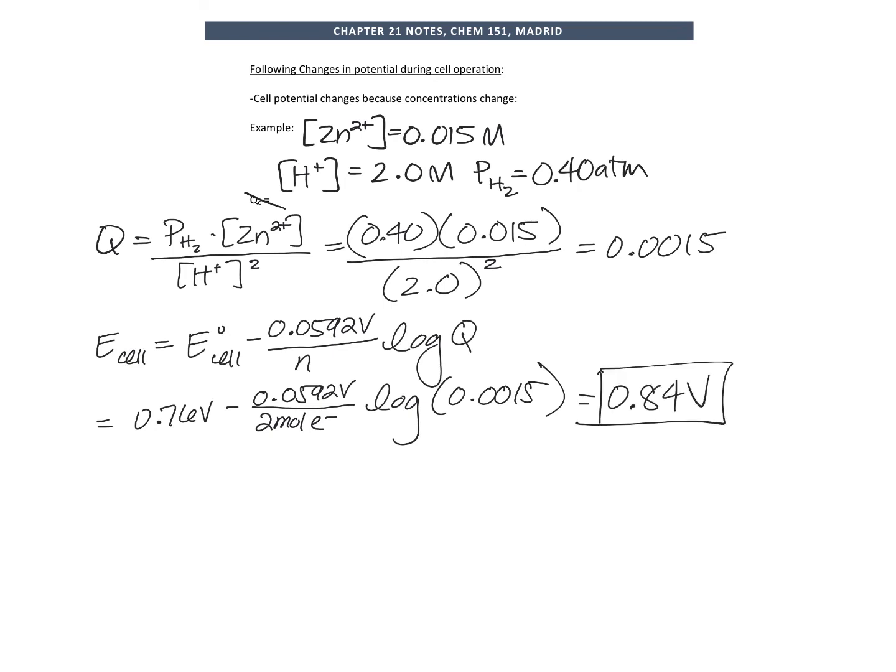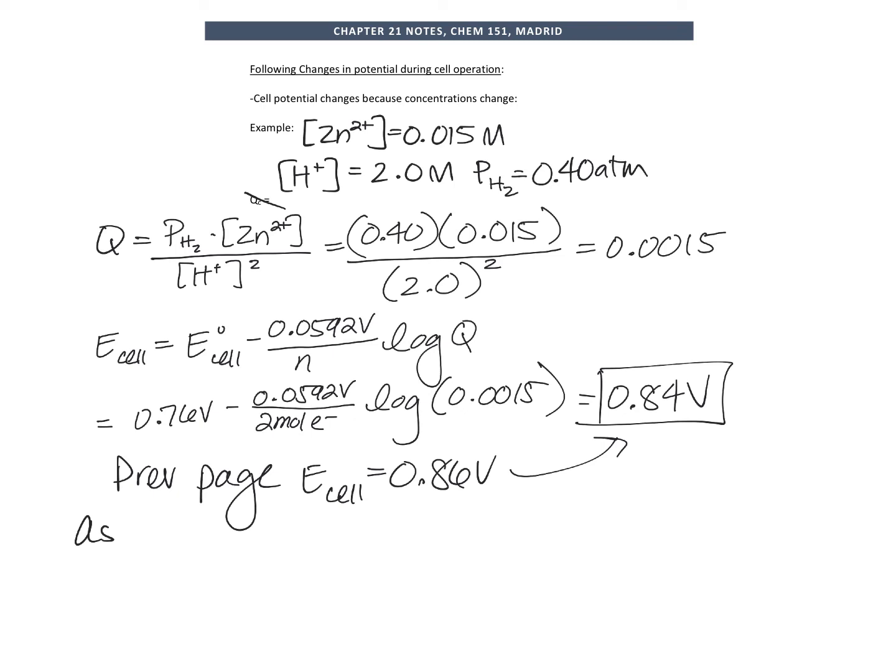If you remember on the previous page, E cell was equal to 0.86 volts. So what's happening is spontaneity is decreasing. As products increase, the reaction is getting closer to equilibrium.